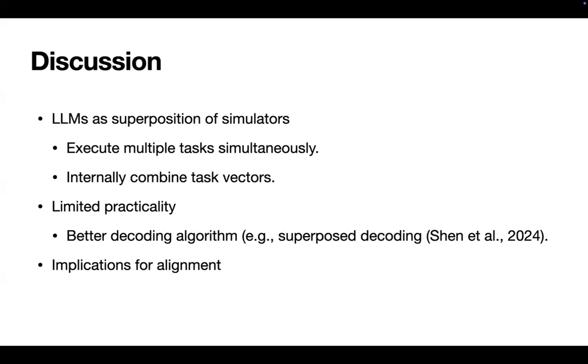So for example, we don't want the model to perform bad things. Essentially, we're training the model to suppress the bad behavior. But it could be the case that, however we suppress those output probabilities, those probabilities still exist there.